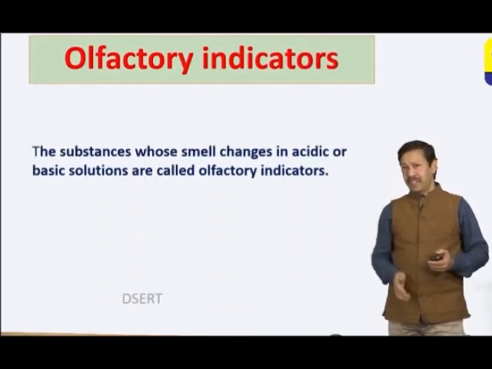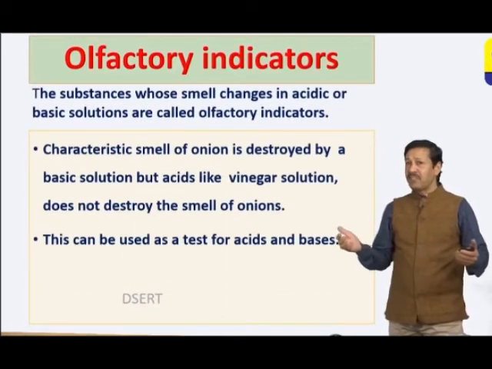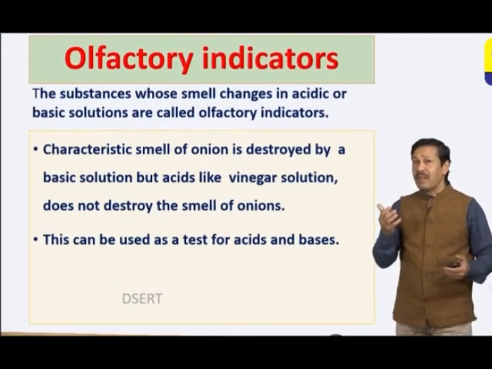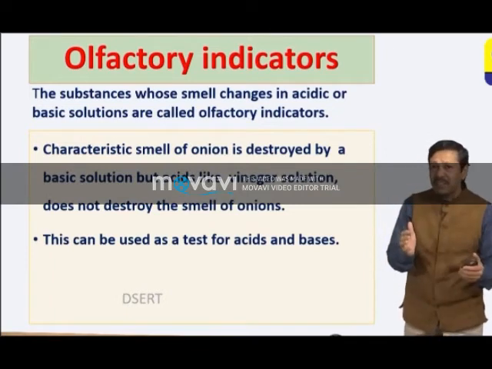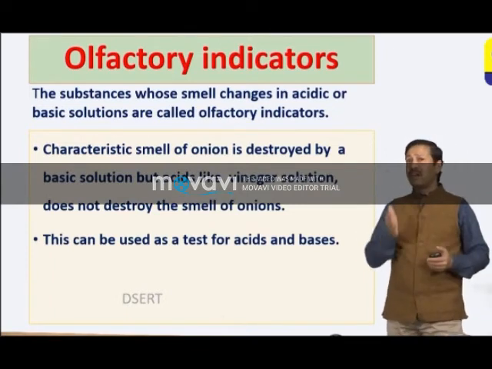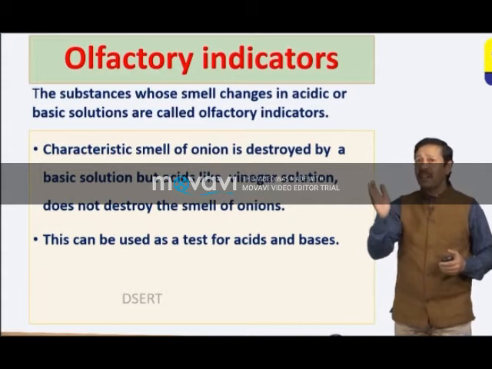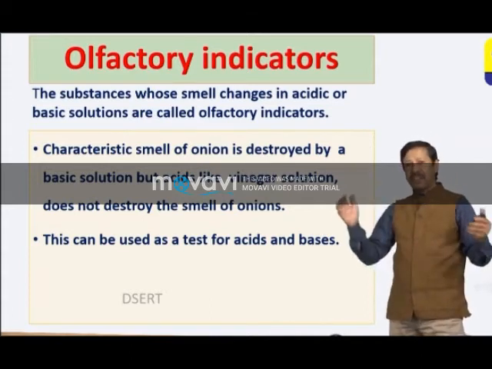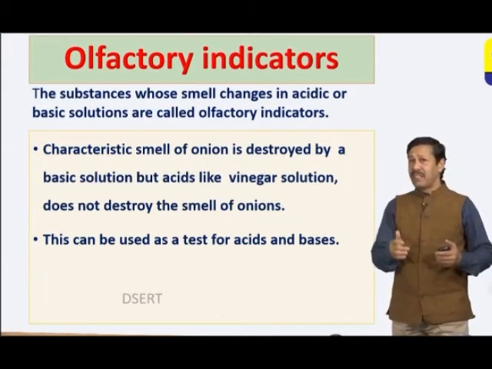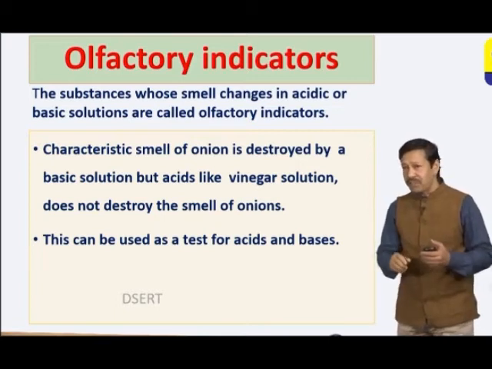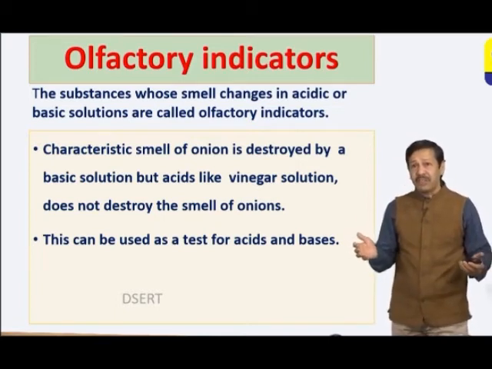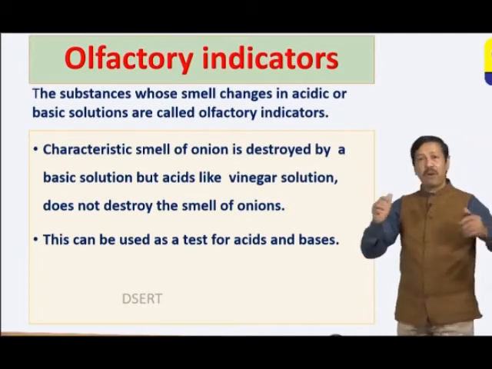Now olfactory indicators. Olfaction, as I already told, means smell. The substances whose smell changes in acidic or basic solution are termed olfactory indicators. The characteristic smell of onion is destroyed by the basic solution, but acids like vinegar solution do not destroy the smell of onion.